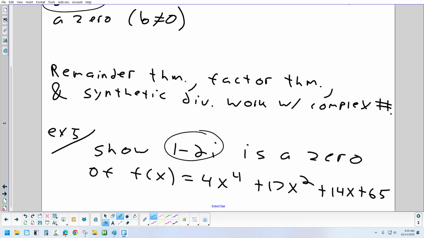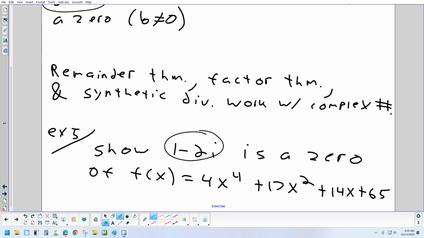Yeah. You would get 0. Well, I don't know about you, but I don't want to raise 1 minus 2i to the 4th power. Because that means writing 1 minus 2i with 4 sets of parentheses, foiling all that out. And that's only the first term. Then you got more to do. Okay. So I don't want to plug that number in to prove it's a root.